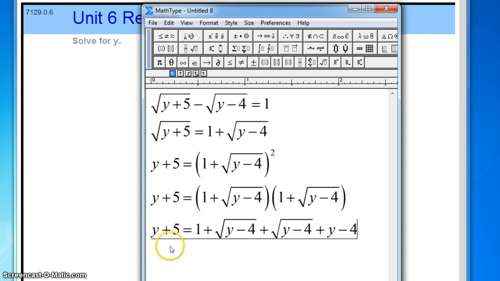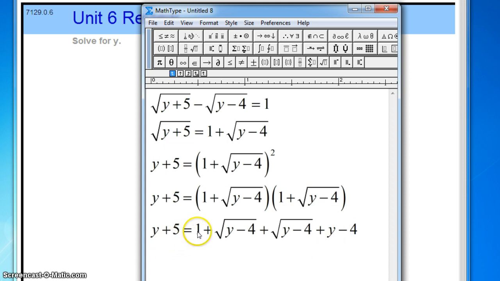Okay, so this should be the same. All we did, this is the equation we started with. We added this term to both sides, so we got a positive root y minus 4 on this side. We'll square both sides, the square drops here, and we write out the definition of what the other side means. We FOIL it.